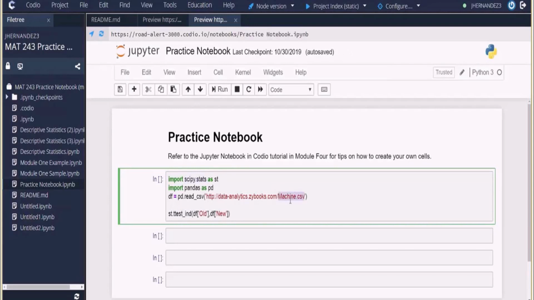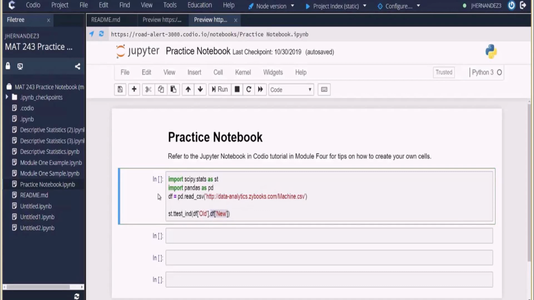Machines.csv is the file that contains data for these two samples. So we import that into a data frame, and then we use the columns old and new to reference the two samples. The first input to the method ttest_ind is the sample data for the old machine, and the second input is the sample data for the new machine.